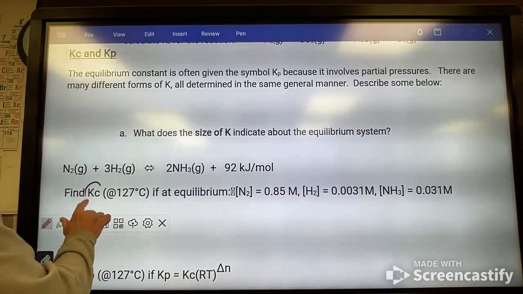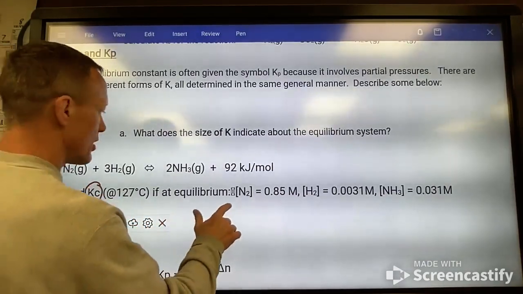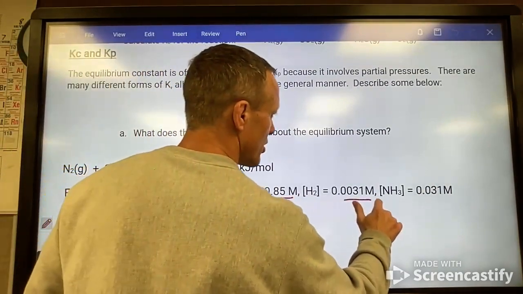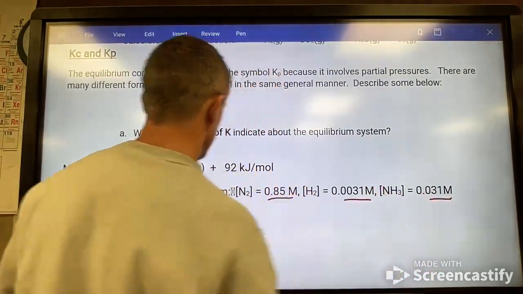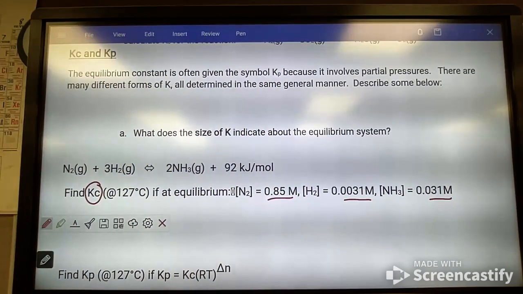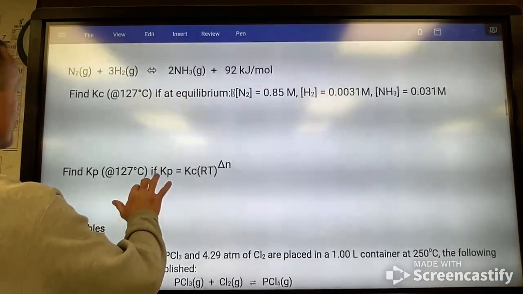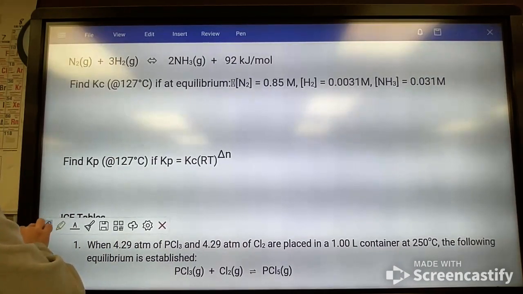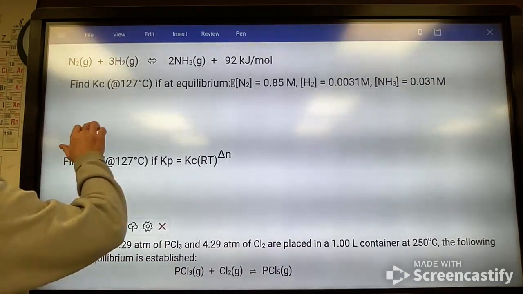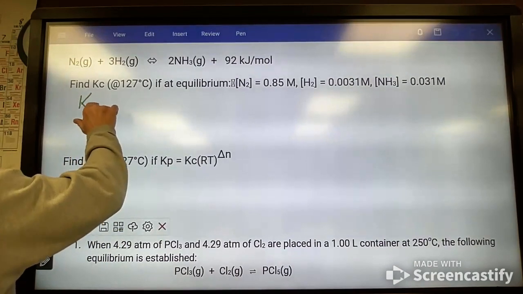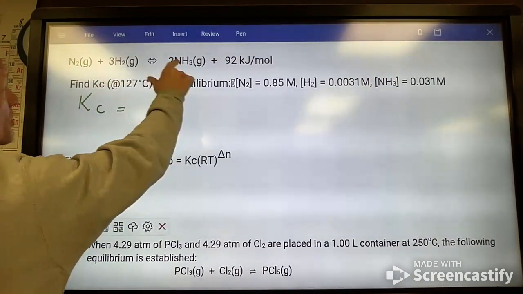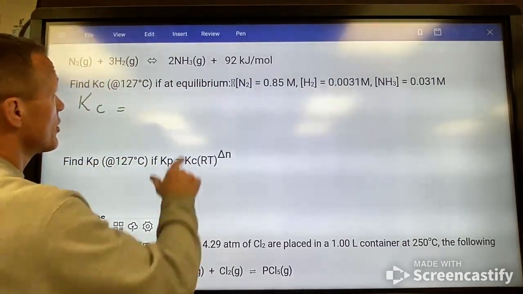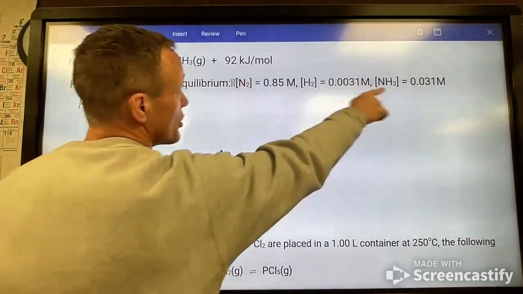So find Kc at this temperature, if at equilibrium we have these molarities. So if we do that here, Kc equals, it's K in terms of concentration, molarity of NH3, which is 0.031.